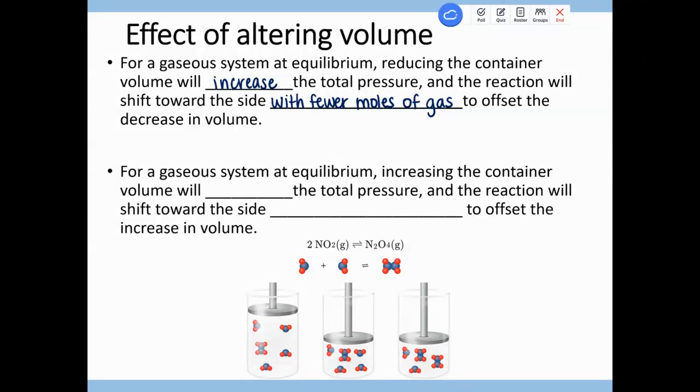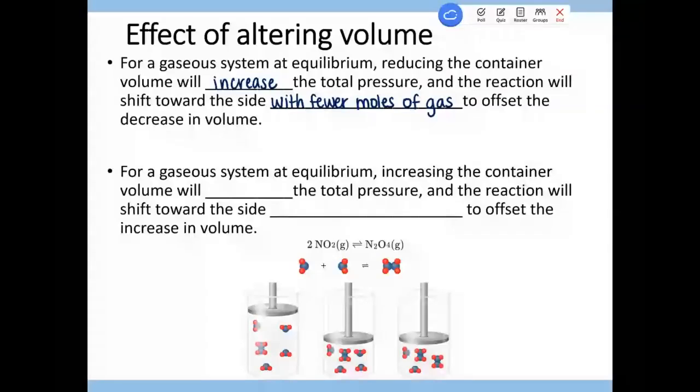So in this image here, we have this gaseous equilibrium reaction: 2 moles of NO2 form 1 mole of N2O4. At a large volume, we're assuming this is at equilibrium. We have 4 moles of NO2 and 1 mole of N2O4. At equilibrium, that's 5 total moles of gas. We decrease the volume, or we could say we increase the pressure. The system is not at equilibrium currently.